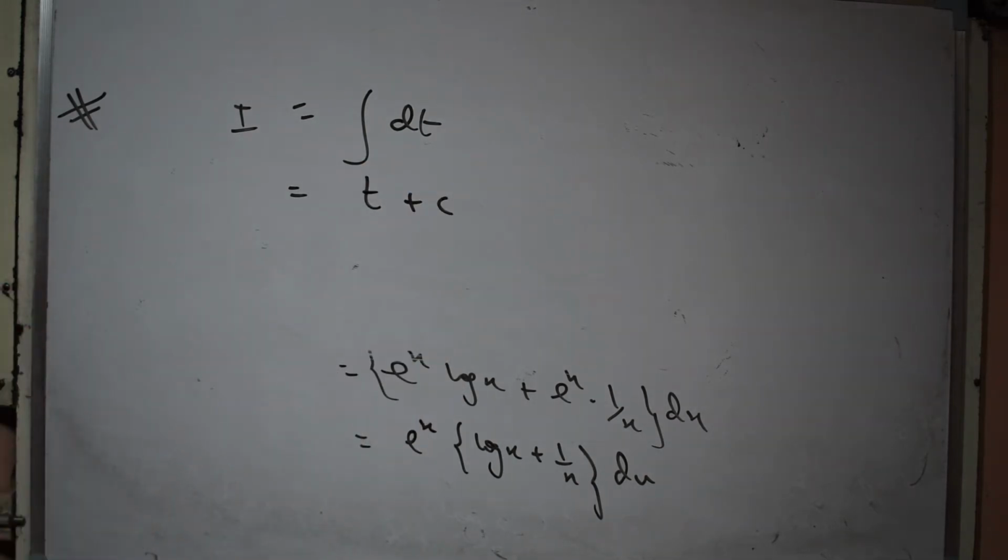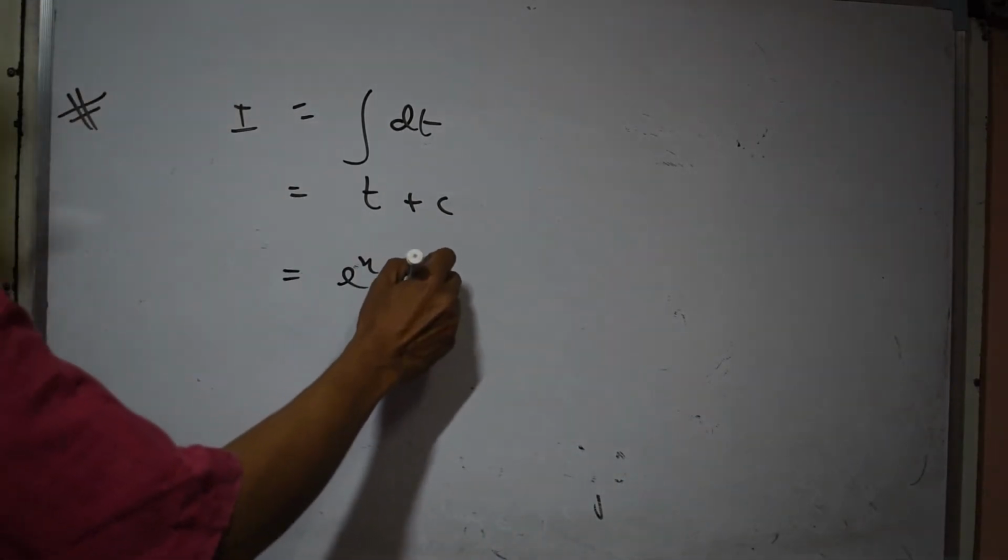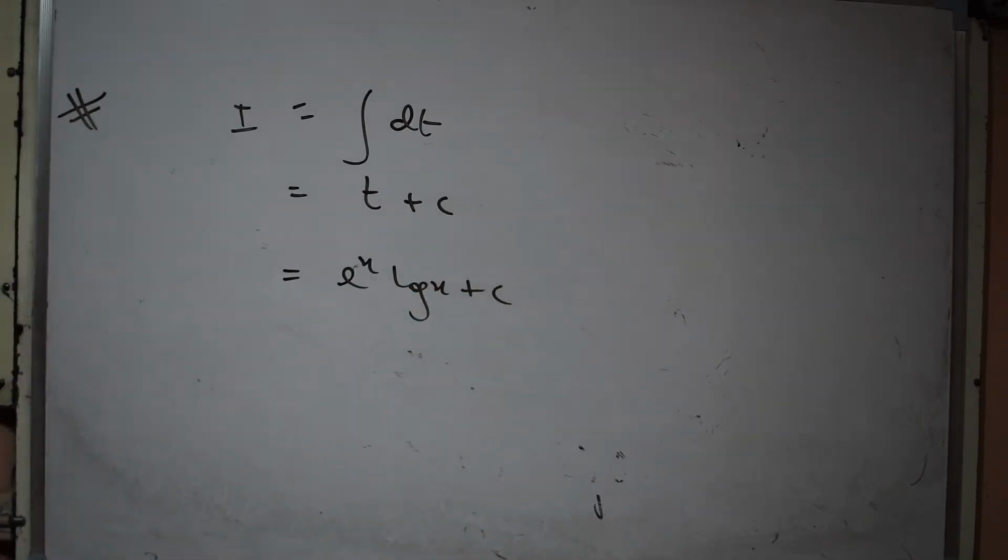What you have taken as t is e to the power x log x. So the answer is e to the power x log x. Whenever we find this type of problem, we have a simple concept of taking the function e to the power x with log x or whatever it is.